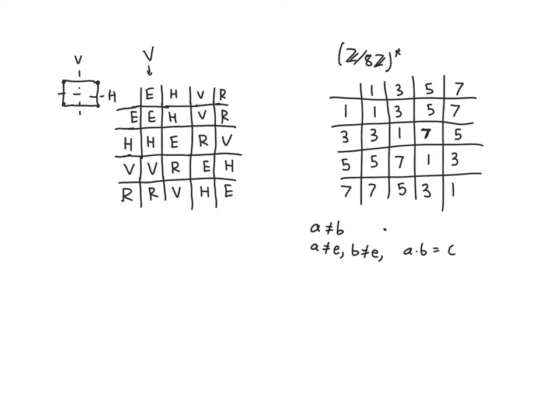And so these two tables have a lot in common. They both have this property. It seems like there's some sort of sense in which we could say they are the same table. But in one sense, they aren't, because these symbols are telling you that these are transformations of the plane coming from the symmetries of the rectangle. And these numbers are telling you you're dealing with congruence classes modulo 8.